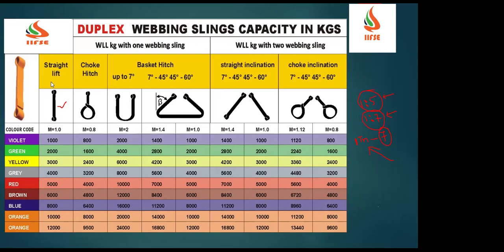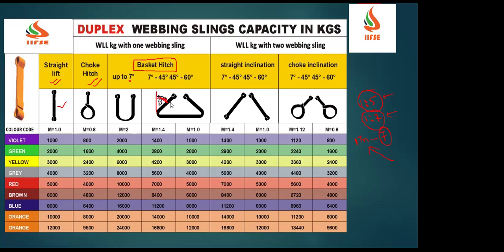This is called a straight lift, and this is called a choker, and this is called a basket hitch up to 7 degrees, and this is the other way of basket hitch from 75 to 45 degrees and 45 to 60 degrees. This angle is from this right line to this, how you are lifting.